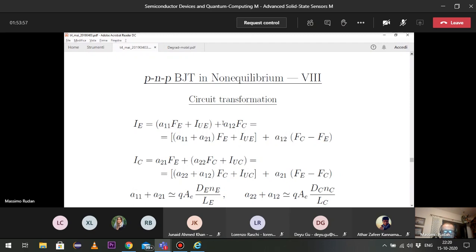Now, you remember that A12 is equal to A21, okay? So you can simply add A21 Fe to this formula. And then you subtract A21 Fe again, so it is an identity. Then you remember that A12 is equal to A21, and you write it in this form.